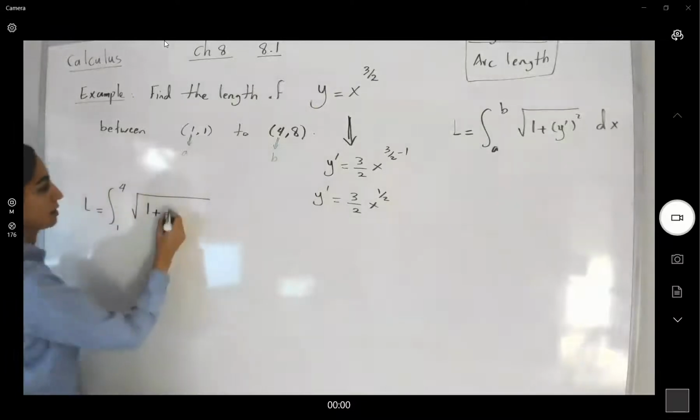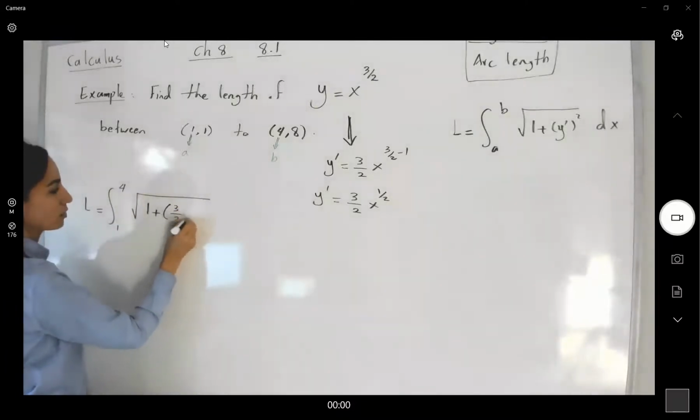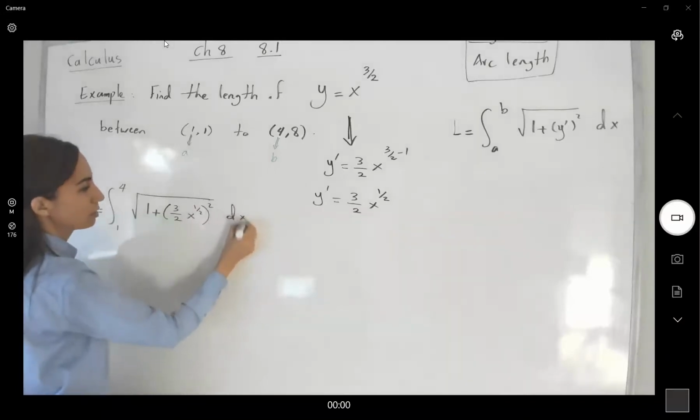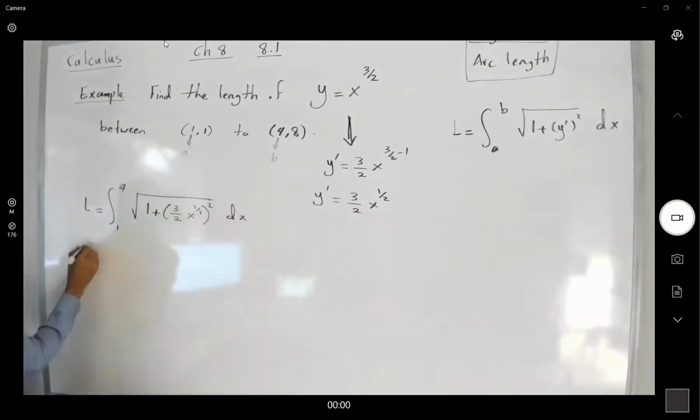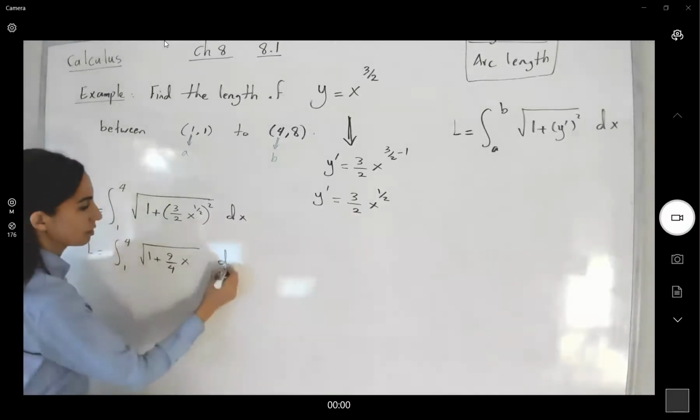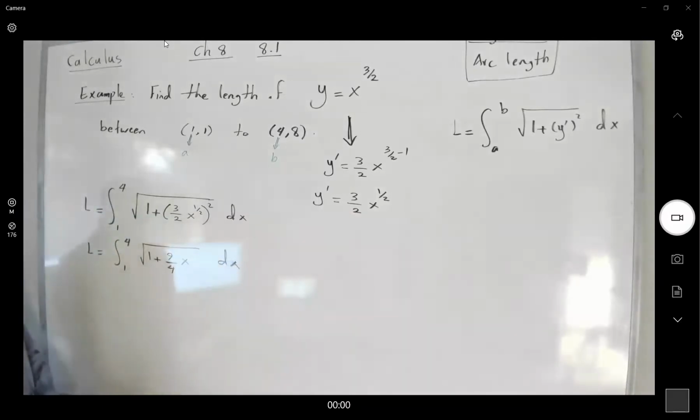So L is equal to the integral from 1 to 4 of the square root of 1 plus the derivative raised to the second, 3/2 x to the 1/2 raised to the second power, dx. L is equal to the integral from 1 to 4 of the square root of 1 plus 9 over 4 x dx.